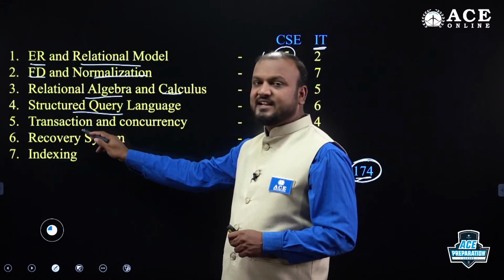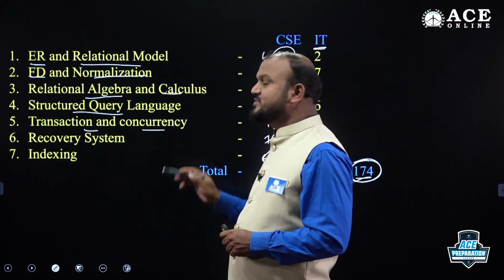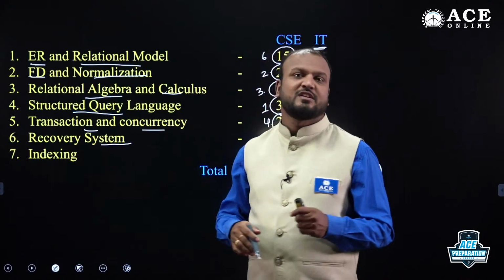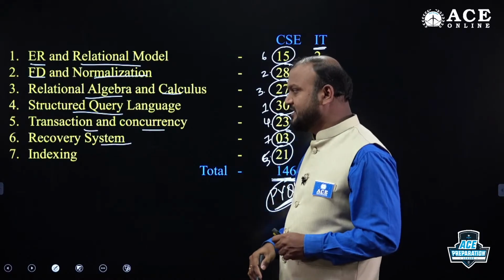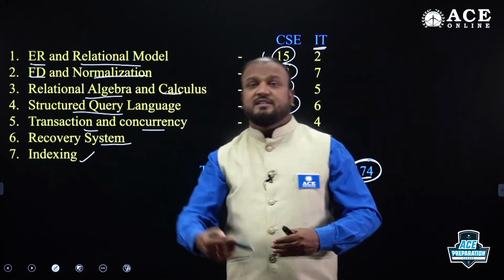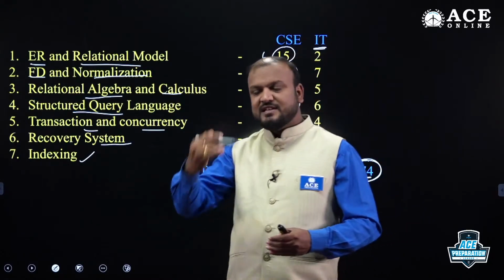Then how transactions are executed in a system, what problems are there, and how to minimize them. If a failure occurs, information loss is possible, so how it can be recovered, and how efficiently we retrieve data from the database. This is the sequence. We have to follow the sequence while studying the subject.